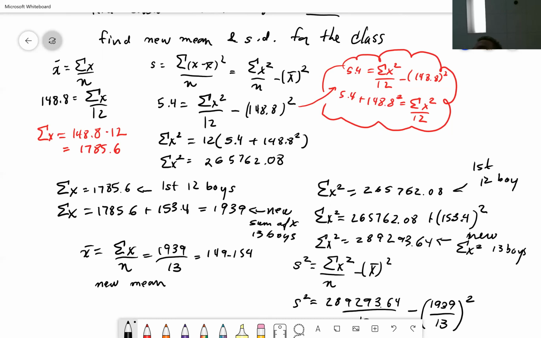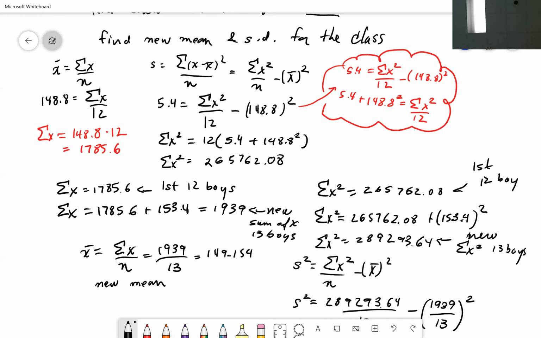Fine, that's the sum of x squared. If I take the sum of x squared and I add 153.4 but squared, I get 289. There it is. No, there, I did it right. All right, so let me see. 289,293.64. Okay, fine.